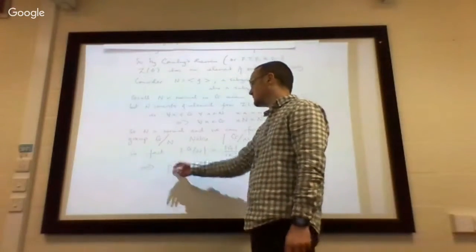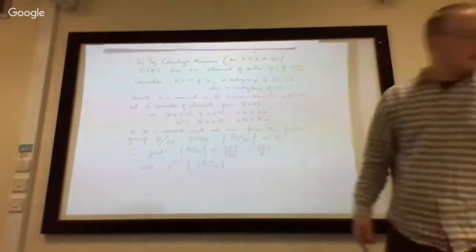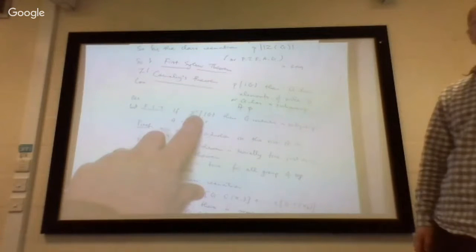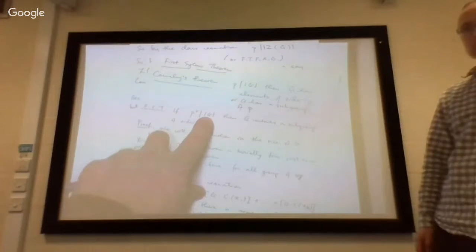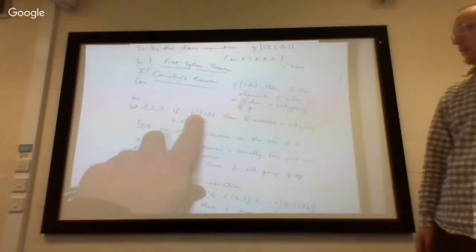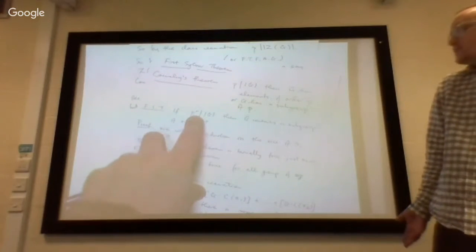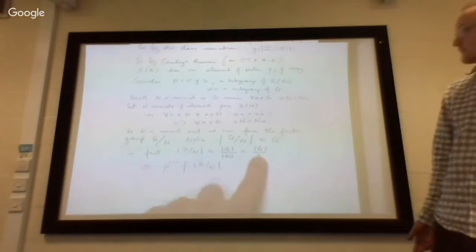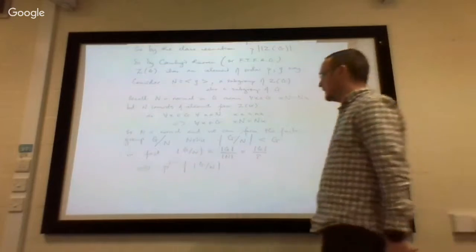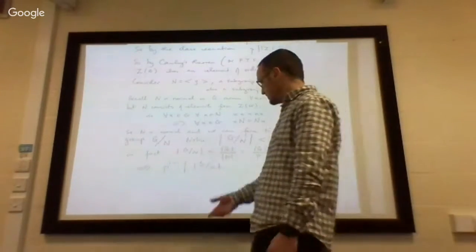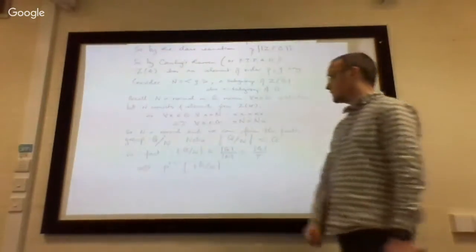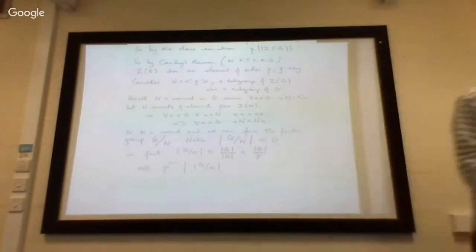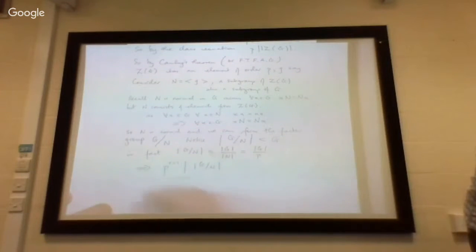It could still be that p to the r divides this if p to the r was not maximal up here, if there were further factors of p that divided the size of G. But without knowing that, if all we know is that p to the r divides the size of G, then when we move to this smaller group by dividing out by p, the size of N, all we can say is that p to the r minus 1 divides this. But because this is a smaller group, it is covered by the induction hypothesis.